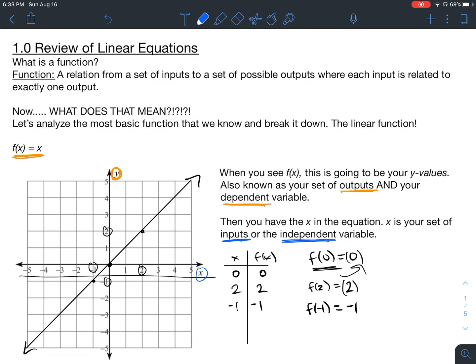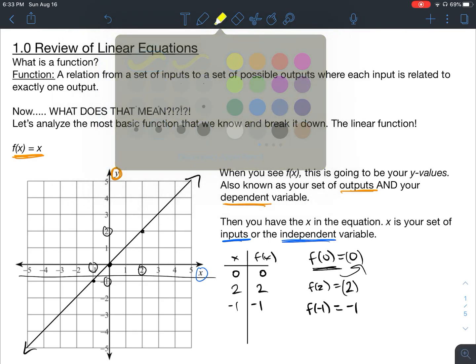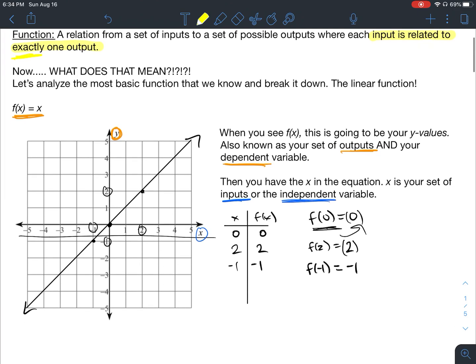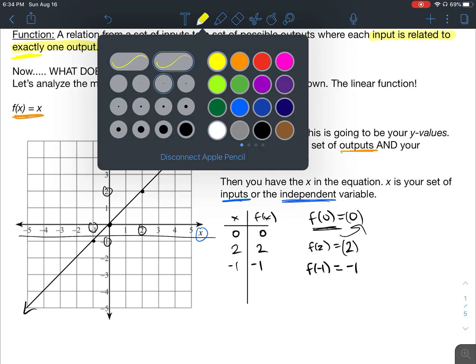Also notice up here, it's also important to know that it says each input is related to exactly one output. So what does that mean? Well, it means that whenever you have an input, it can't have two output values.